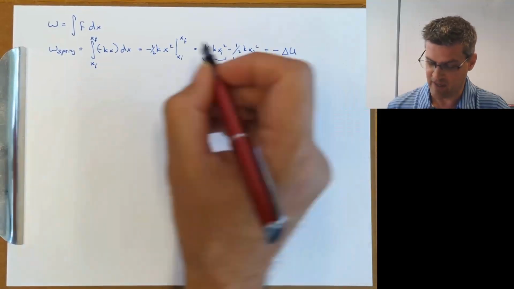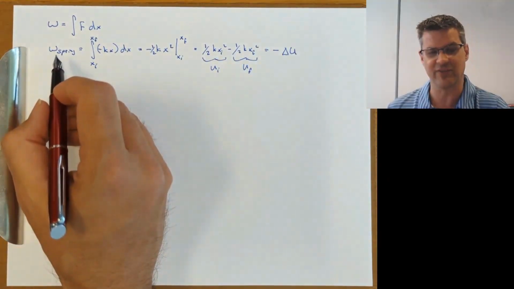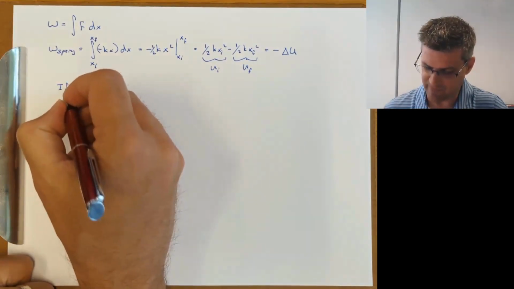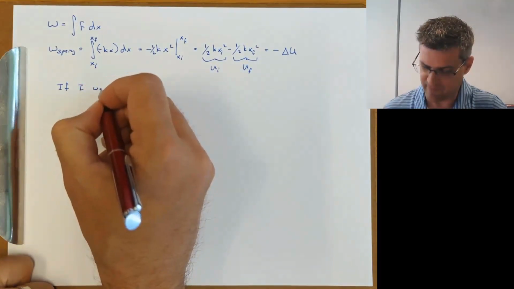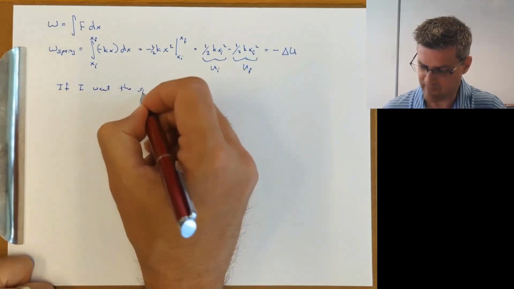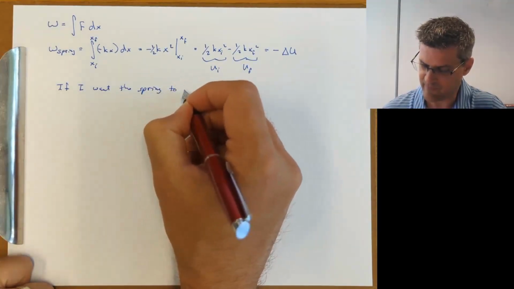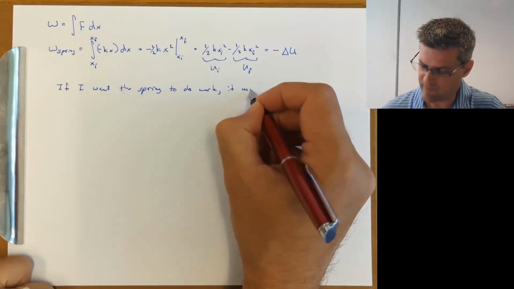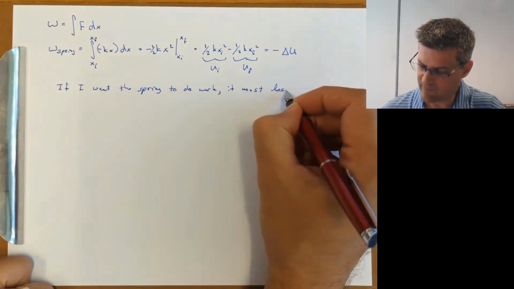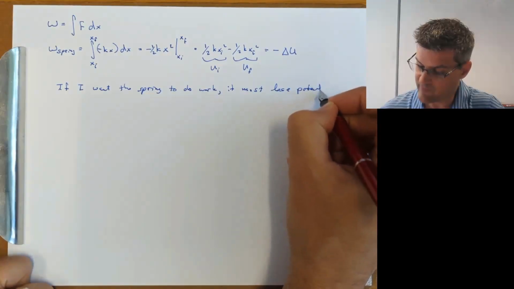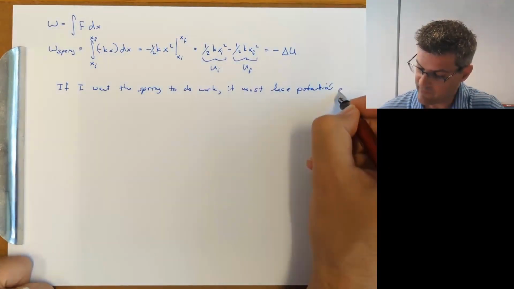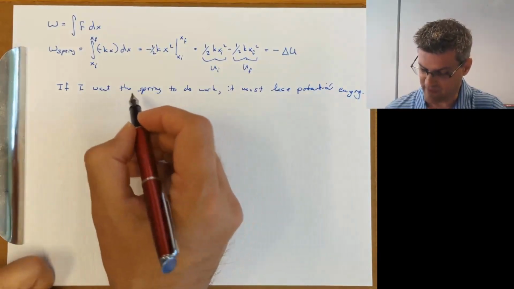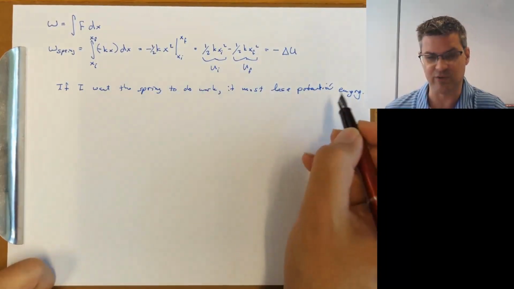Or to look at this, if I want the spring to do positive work, I have to lose potential energy. So they must lose potential energy. If I want the spring to do work, it must lose potential energy.